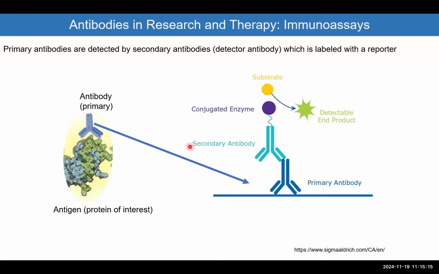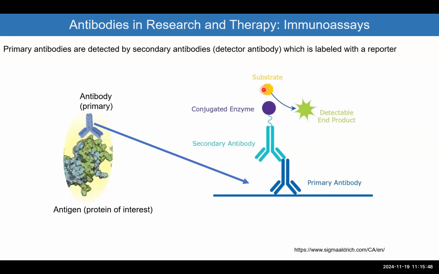But my secondary antibody is conjugated, so every time this secondary antibody binds to something, I can tell how much of that antibody is there. So in most of the experiments or the applications I will be showing you in immunoassays, we will be using a primary antibody that is detected by a secondary antibody. And that secondary antibody is conjugated.